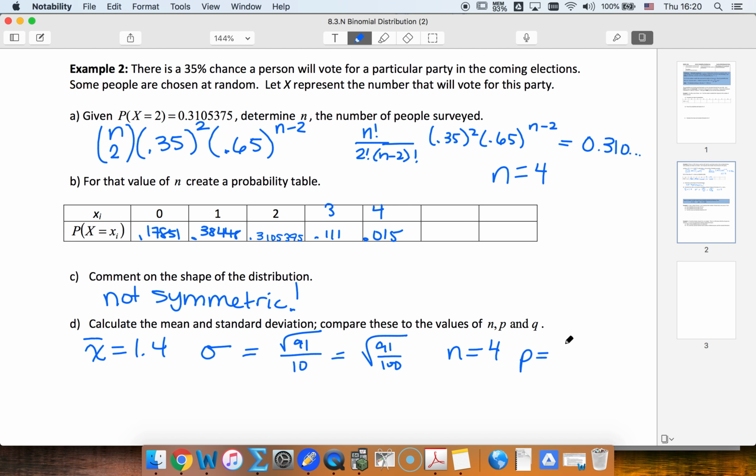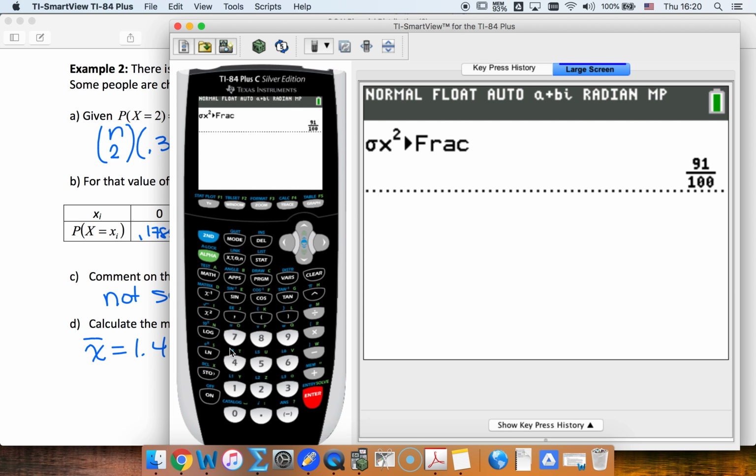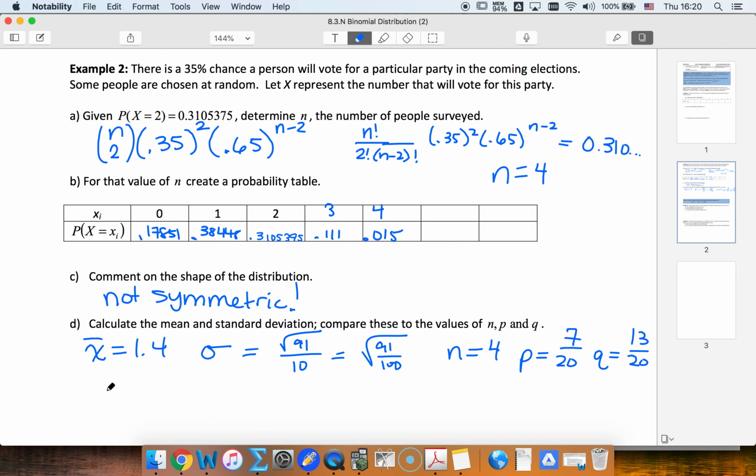My p-value was 35%, so I could think of that as 35 over 100, or I can think of that as 7/20. Q then is 13/20. So 1.4, well, let's look at 7/20 of 4. I get the same thing, I get 1.4.